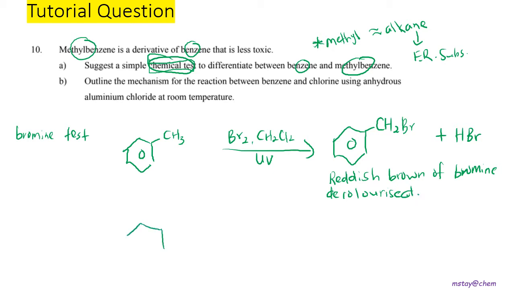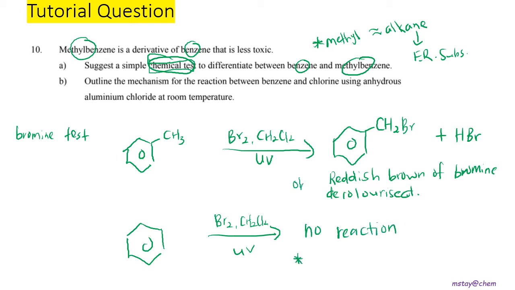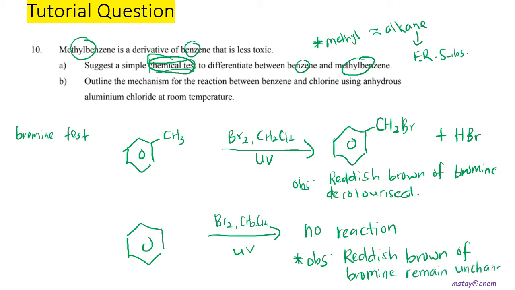While the benzene, when reacting with bromine in the presence of UV, has no reaction, and the observation is the reddish brown of bromine remains unchanged.